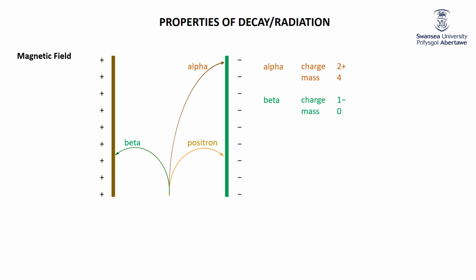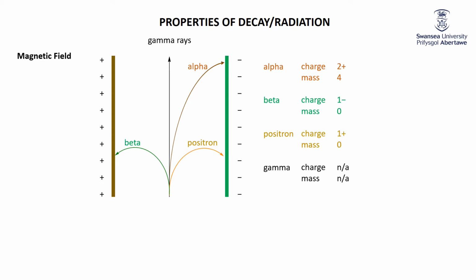And then of course you have positron, which is exactly the same as an electron, except it's positively charged. So we see a positron has the same attraction for the field, the same path as the beta particles, the electron, just going in the opposite direction. For completeness' sake, even though it's very boring, gamma rays just pass straight through because they're radiation, they're not affected by the magnetic field.